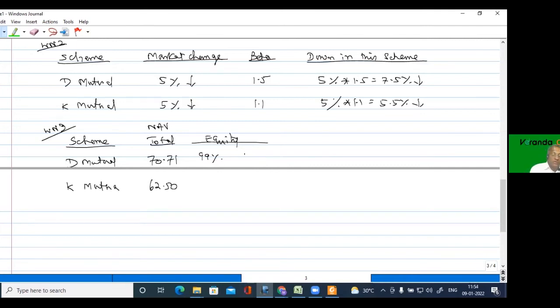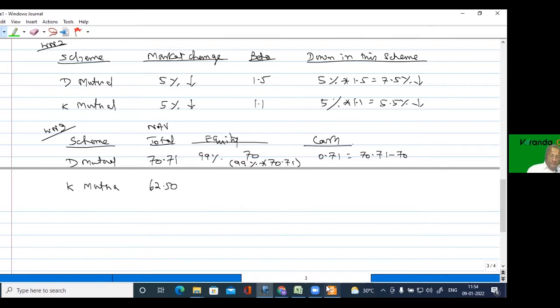How come 99% into 70.71? That 99% is given in the problem. So this is equity and this is cash. Cash is going to be 0.71. How come 70.71 minus 70?